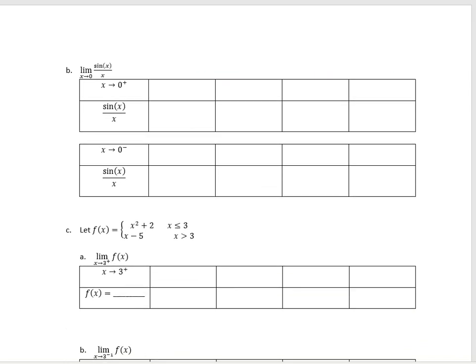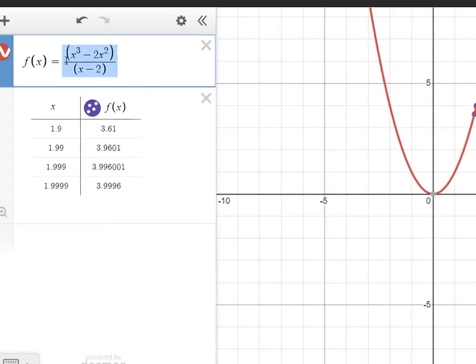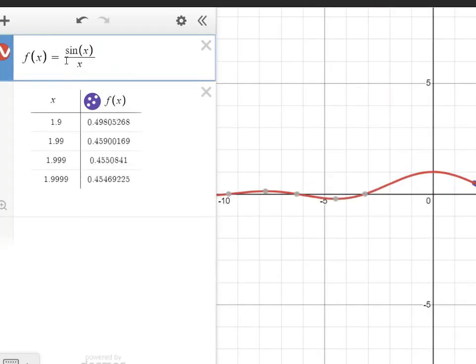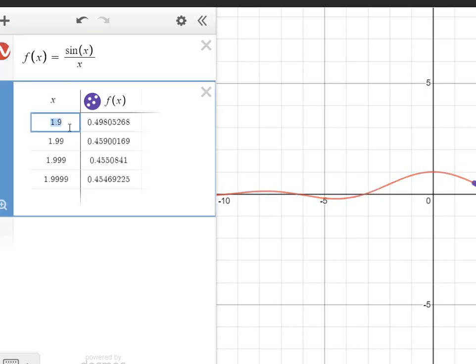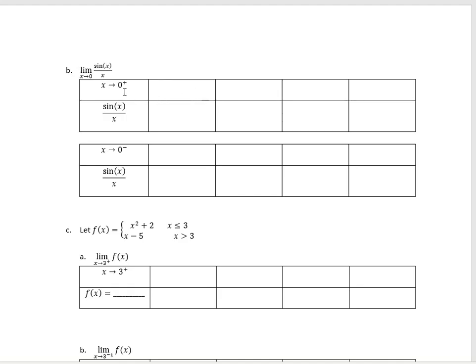We want to look at the limit as x approaches 0 of sine of x divided by x. So again, we are going to type that function in: sine of x divided by x. And we want to do different values, values that are bigger than 0 and values that are smaller than 0.